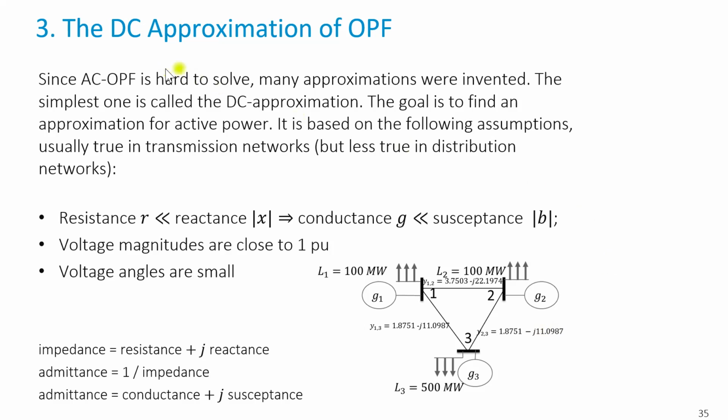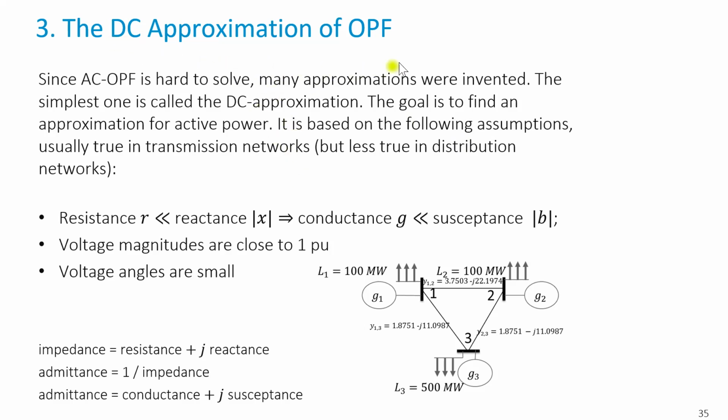It's called a DC approximation of OPF. A bit later, we'll see another approximation that is more subtle. That's the local linearization, which is finer, but is not global and does not give such a good intuition about the grid as the DC approximation.